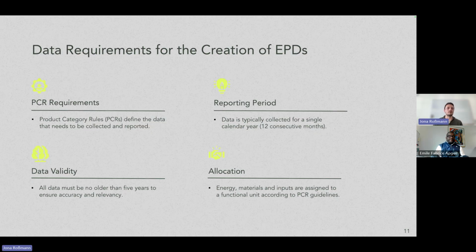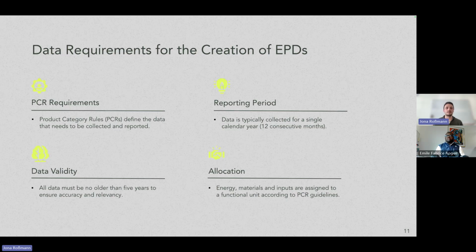Fourth bucket, and the last one for this slide, is the allocation, which is perhaps the most technically complex of the four. In most manufacturing facilities, there are multiple production processes happening, and a single production process produces more than one product. And this makes it a bit complicated, for example, with energy that is shared across multiple production lines, and so on.